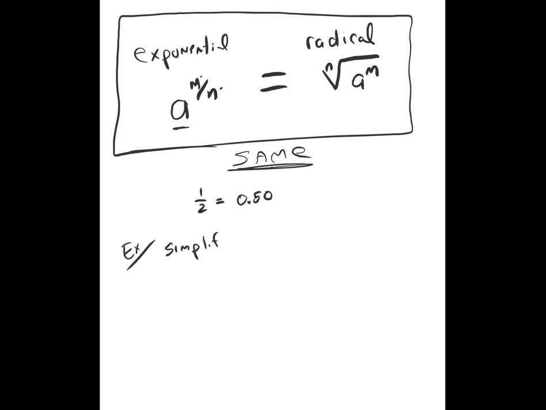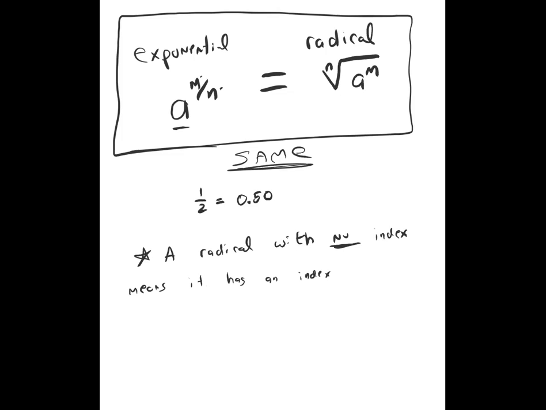Right? So these two things, even though they look different, mean the exact same thing. And also I want to note one other thing. I like to note that a radical with no index has an index of 2.